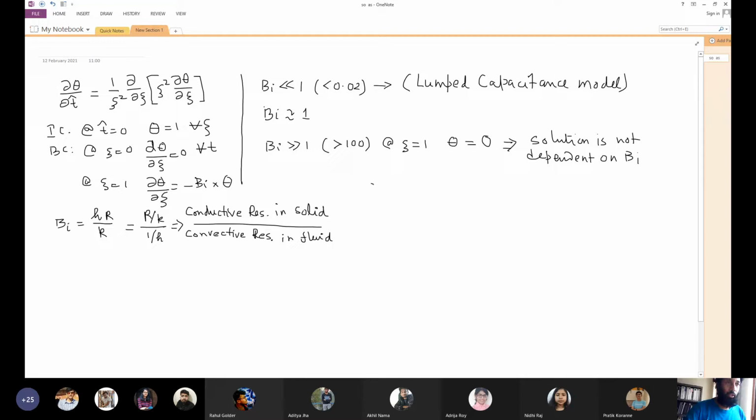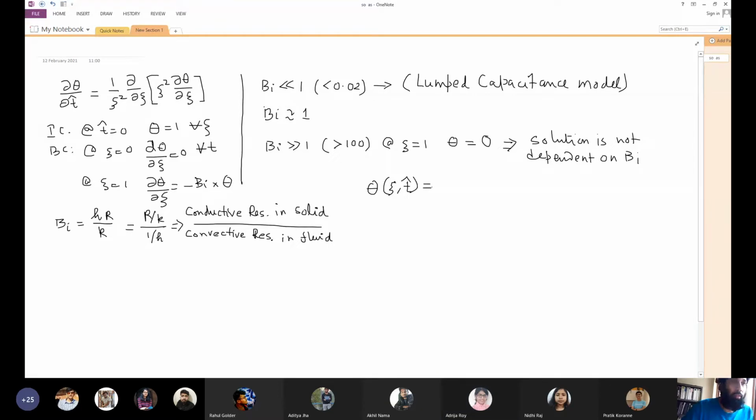See, theta is a function of which two variables? Zeta and t hat.